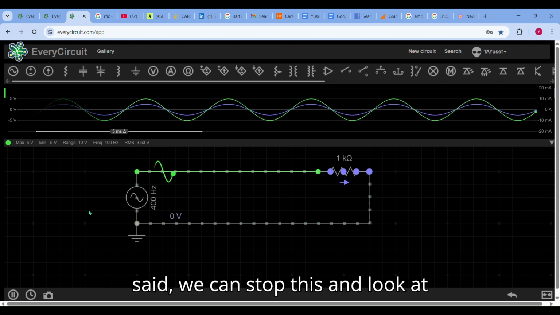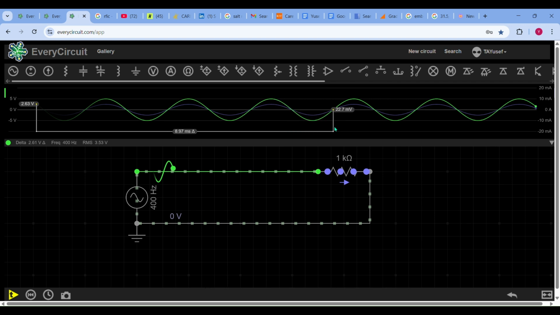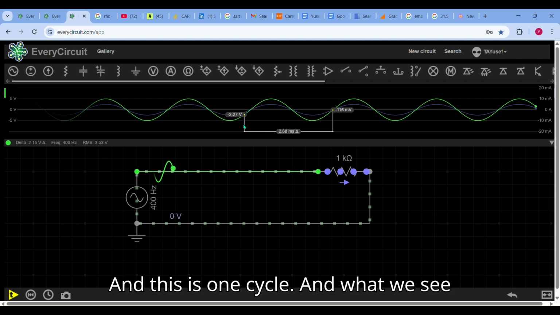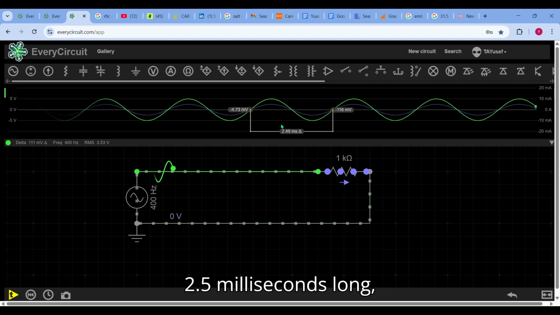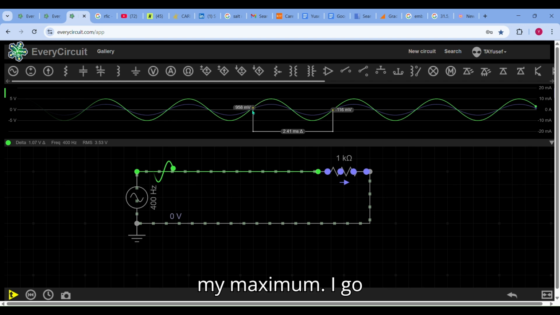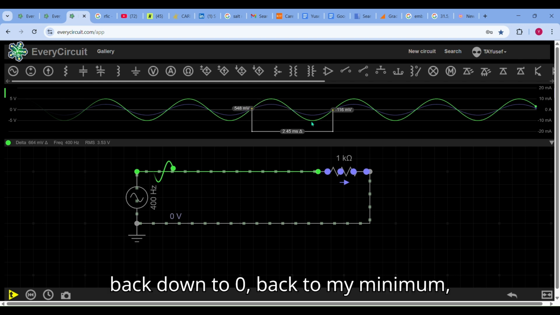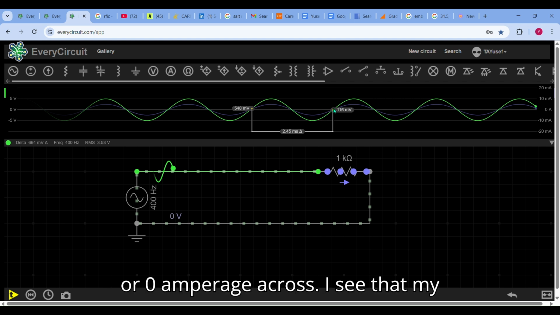So like I said, we can stop this and look at one cycle. If I go from here to here, this is one cycle. Looking at this one cycle that's 2.5 milliseconds long, I start at nearly zero for my voltage, go up to my maximum, go back down to zero, back to my minimum, and then back to 0 volts across, or 0 amperage across.